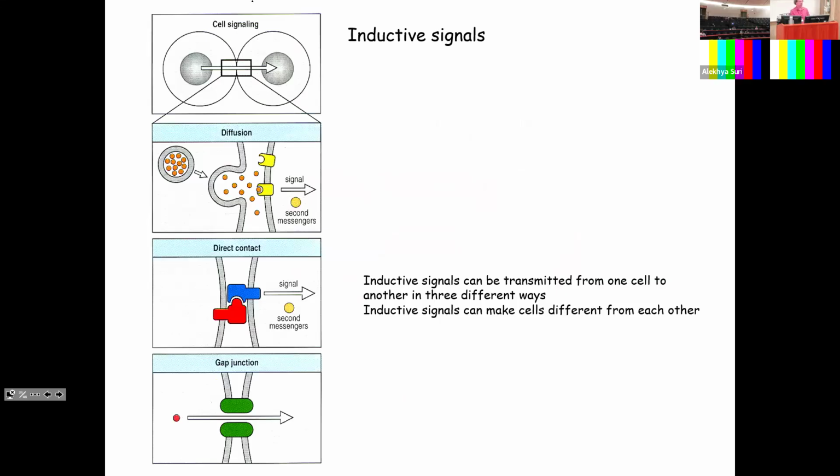These are typical inductive signals, which describe diffusion, direct contact, and gap junction. Different types of inductive signals.